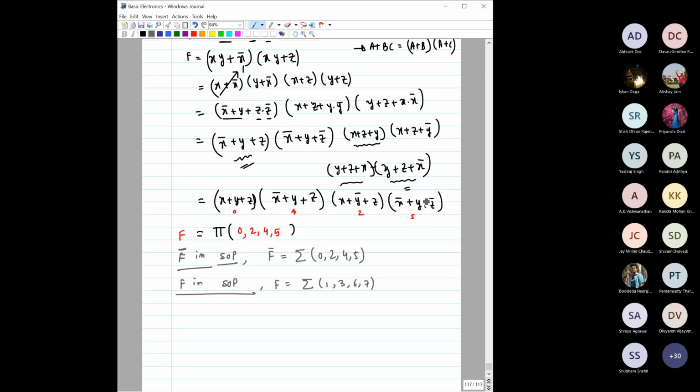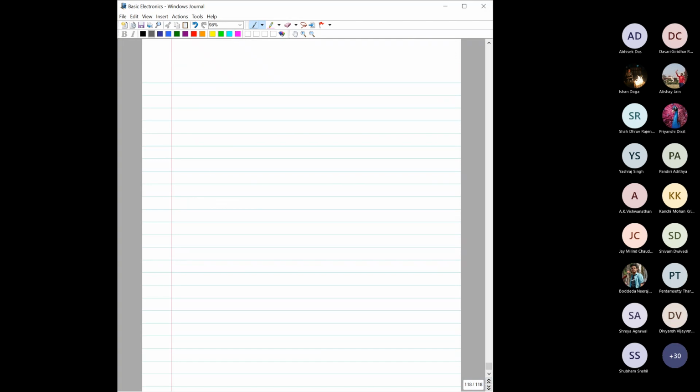Okay, so then we can move to the next part. The next part is quite important, and it is called Karnaugh map or K map. Now, what do we mean by it, or what is the utility of this K map?